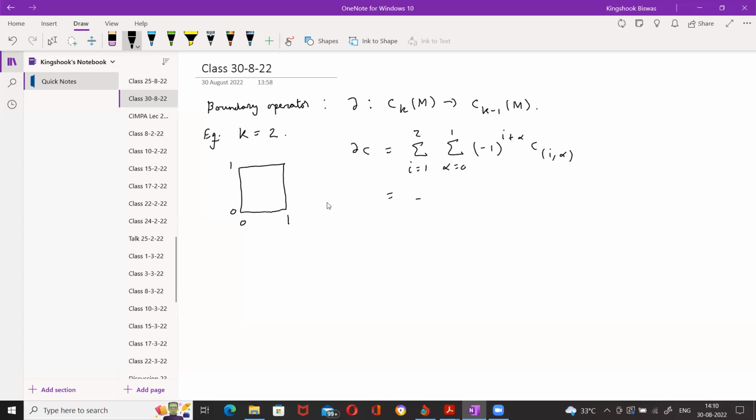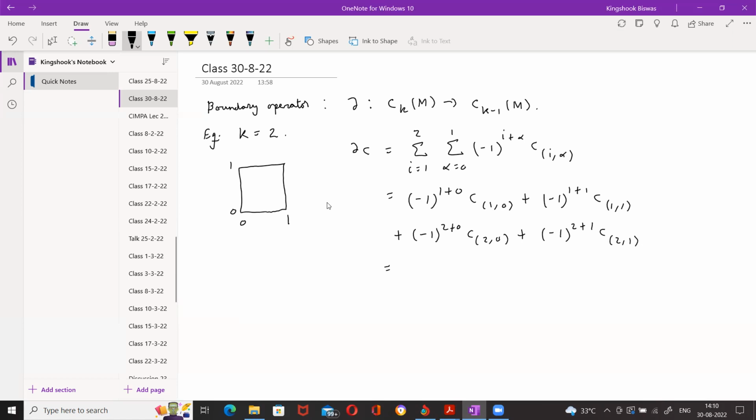We get minus 1 to the power 1 plus 0 C10, plus minus 1 to the power 1 plus 1 C11, plus minus 1 to the 2 plus 0 C20, plus minus 1 to the 2 plus 1 C21.